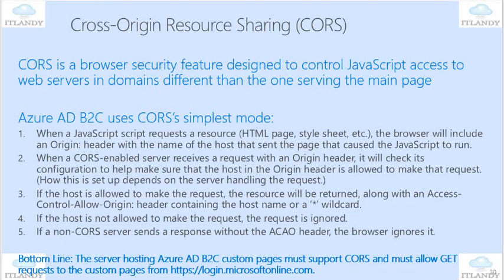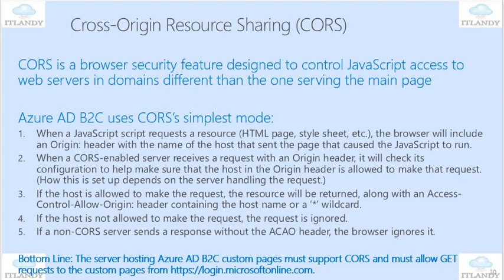When JavaScript requests a resource, an HTML page, style sheet, etc., the browser will include the origin header with the name of the host that sent the page that caused the JavaScript to run. When a CORS enabled server receives the request with the origin header, it will check its configuration to make sure the host origin is allowed to make that request.